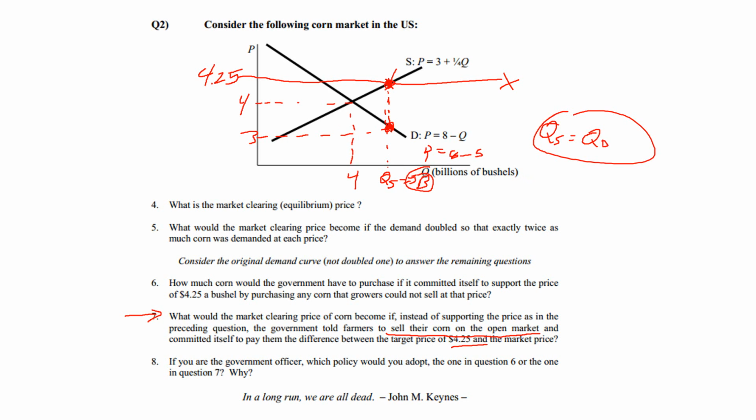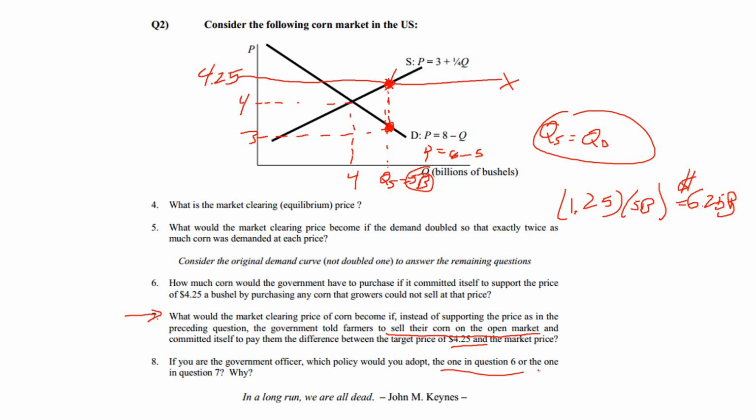So consumers pay $3 per bushel, and that clears the market. Government says, hey, we'll pay you the difference. So government is going to pay $1.25 per bushel times 5 billion bushels, and you get $6.25 billion that the government would have to spend to support this policy.